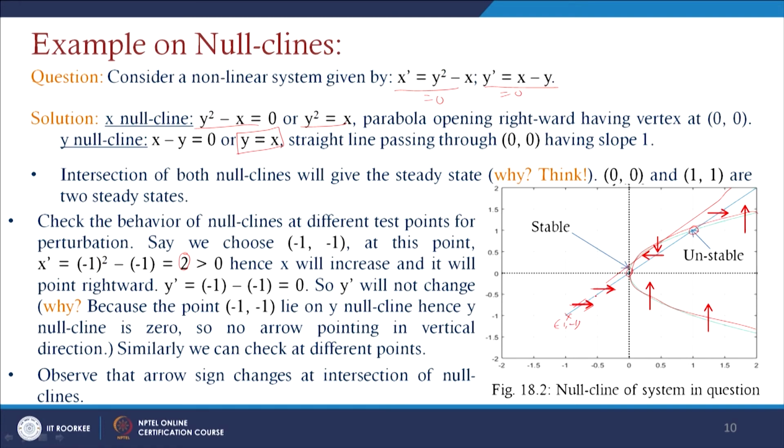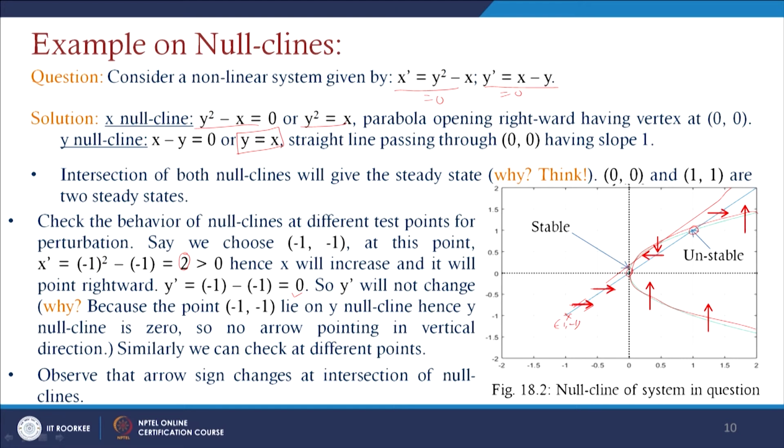And if you consider this function for y dash here, then we can find that this is minus 1 minus of minus 1, which equals 0 here. So, y dash will not change here, because the point minus 1 lies on the y nullline here, since this is lying on this line, hence y dash is 0 here. So, no arrow, that is why we have not kept any arrow pointing in the vertical direction.